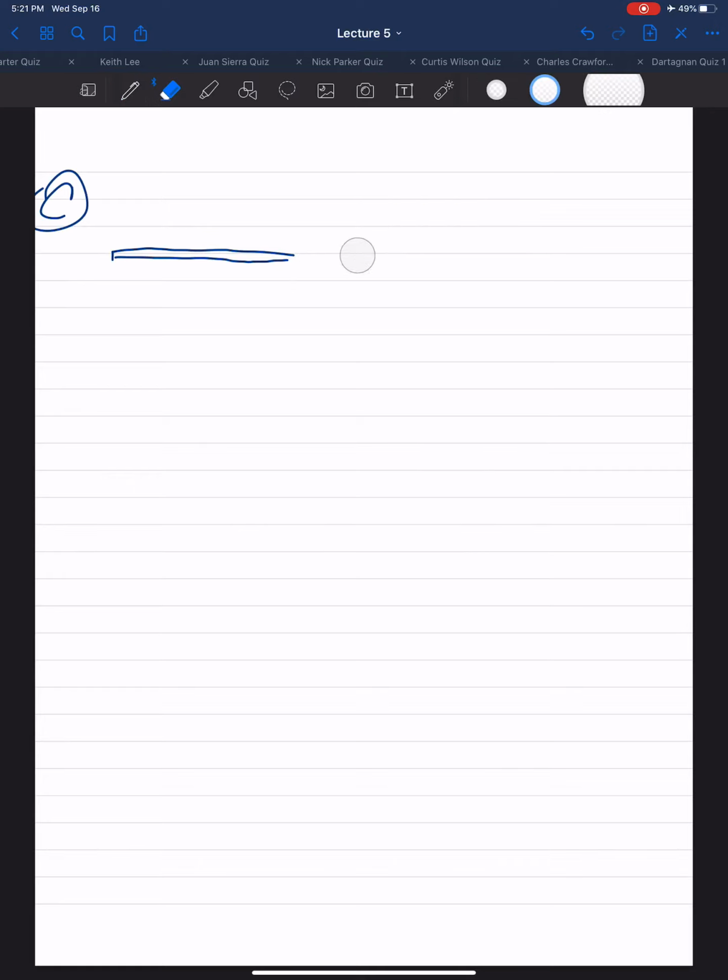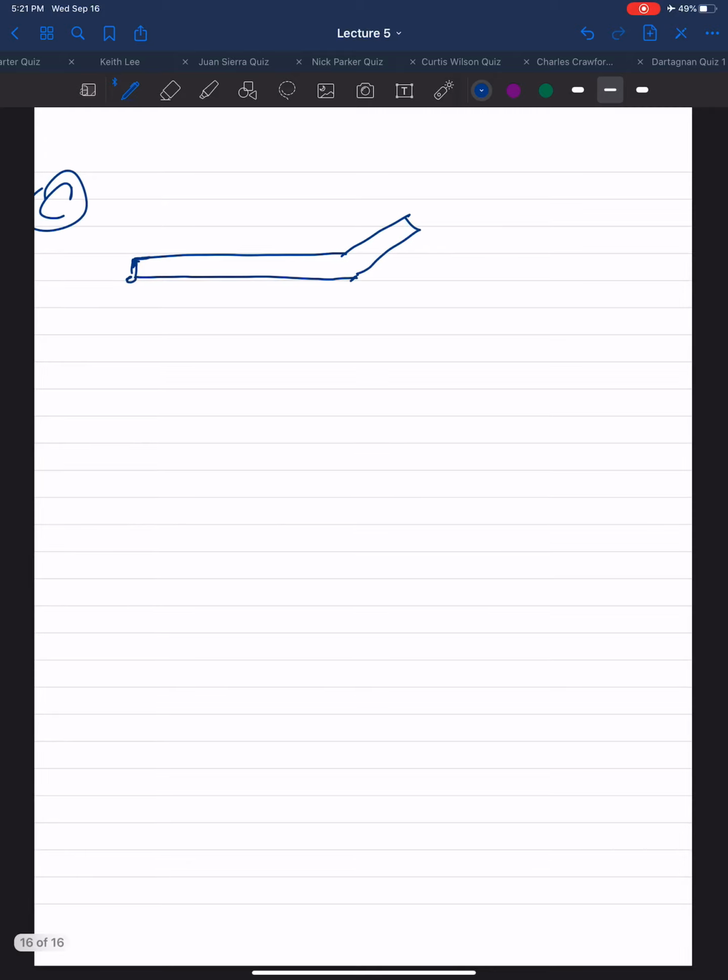I can draw better than that. We have our point O. This angle here is 30 degrees.